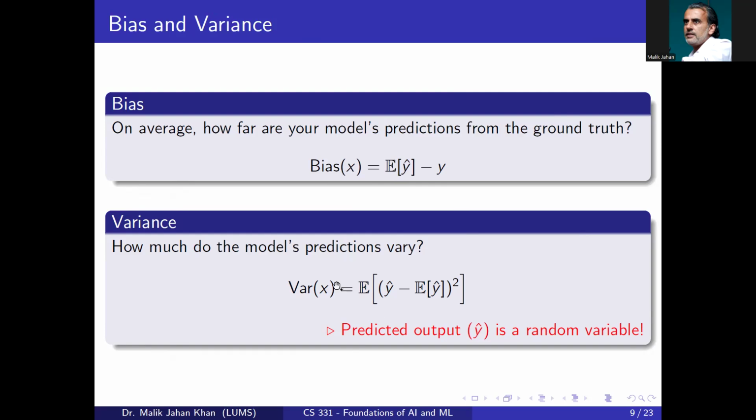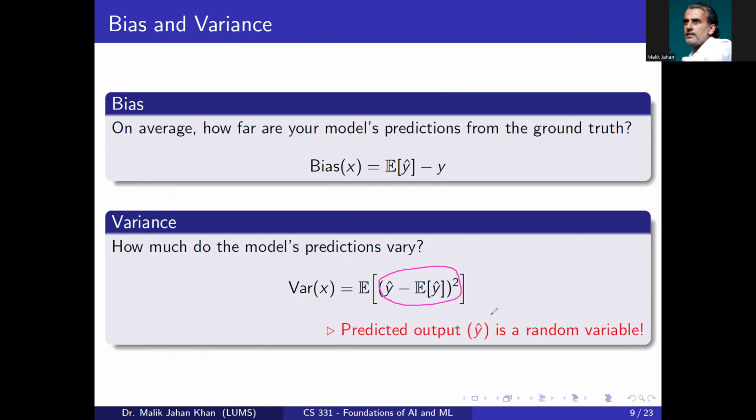So more specifically, variance is computed as the expected value of the squared deviation of the predictions from their mean. If you are able to recall the fundamental definition of variance, which I derived a while back, this is exactly the same definition.